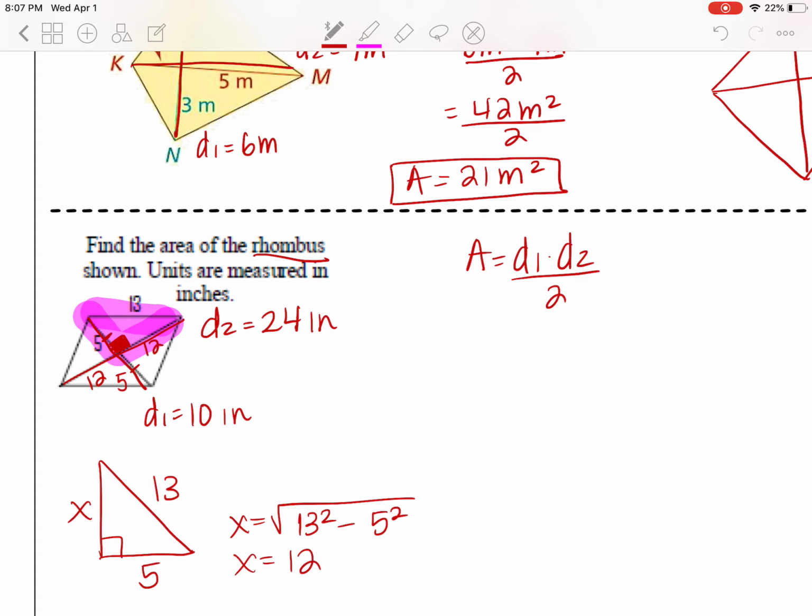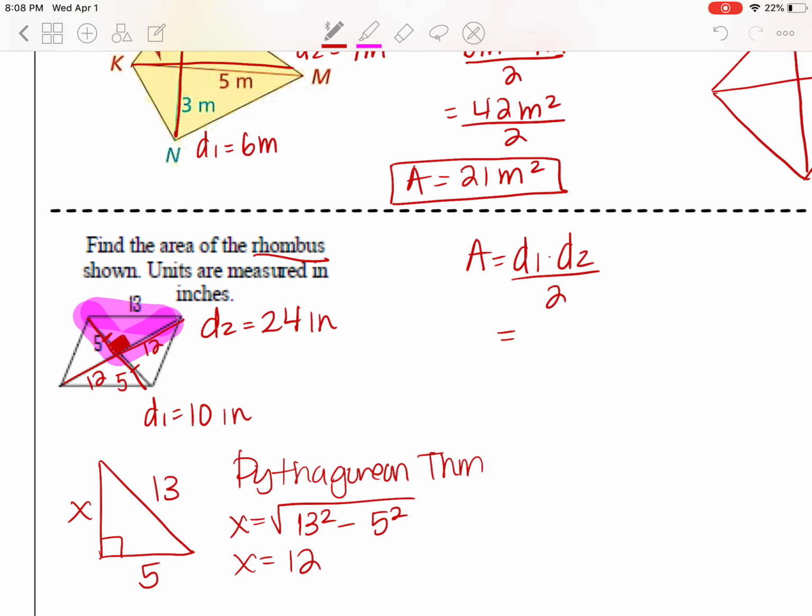For this particular case, I didn't know the diagonal 2, so I needed to use Pythagorean theorem in order for me to find that missing dimension, that length of the diagonal 2. Once we're able to figure that out and calculate that information that we needed, now we go back to our formula to finish calculating the area for this rhombus.